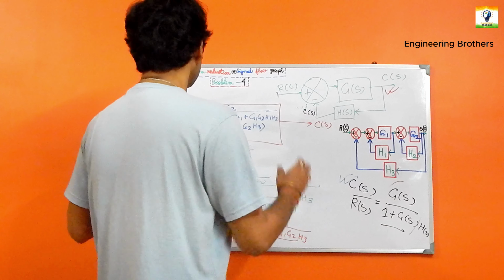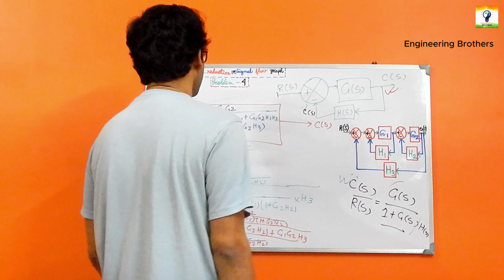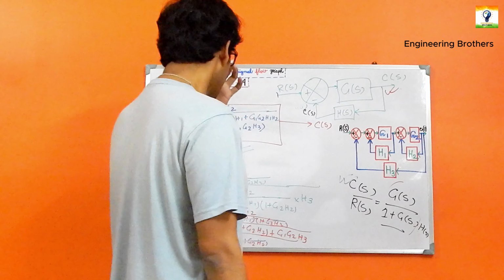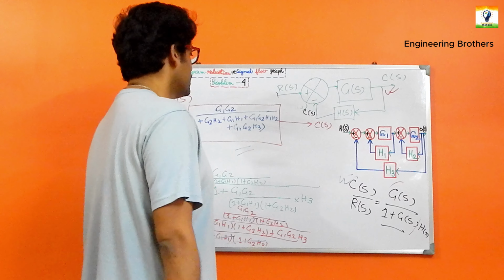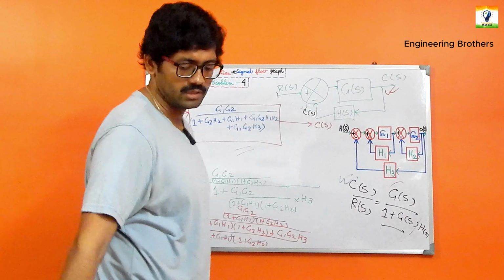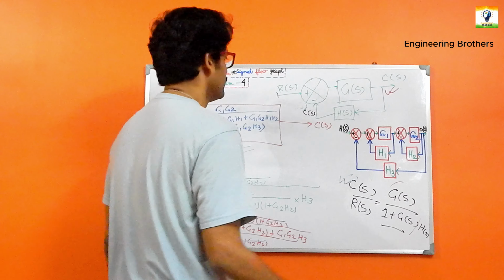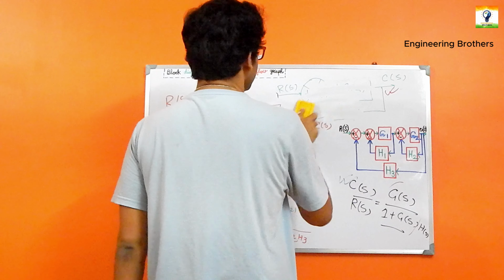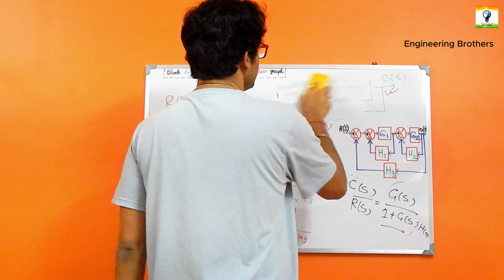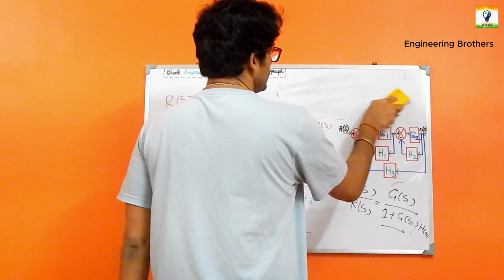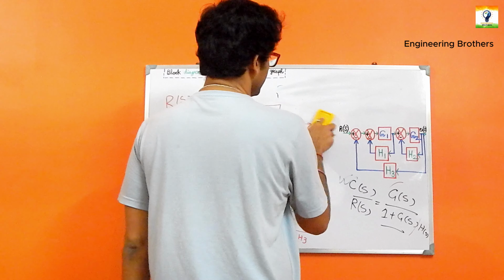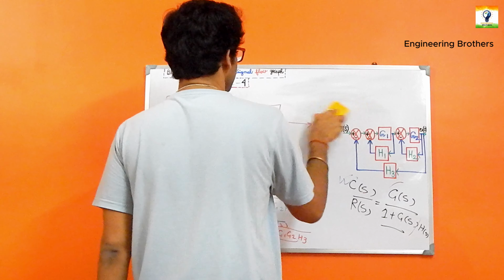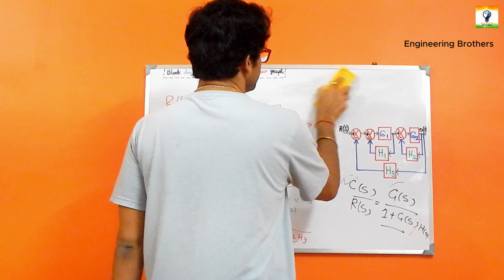In our previous occasion, we used block diagram reduction to solve this block diagram problem, and ultimately we got our transfer function, which is this one. We need to record that answer here, because it will ultimately be rechecked to see whether the answers from block diagram reduction and the signal flow graph are the same or not.